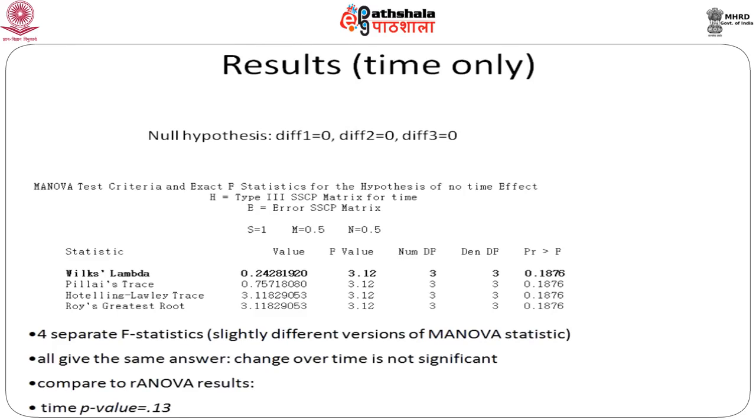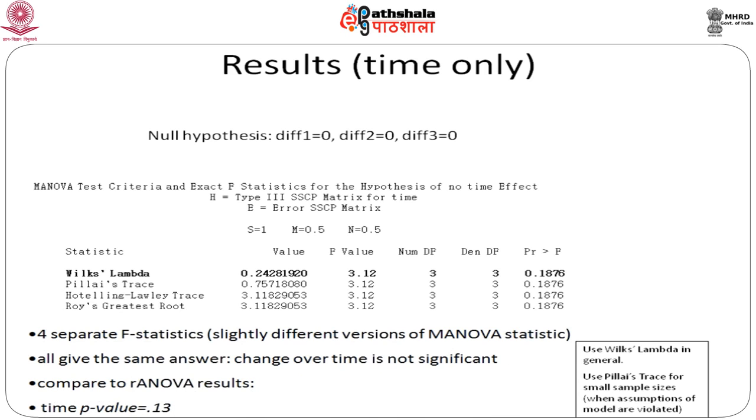But if it is rejected, then one has to go for which time point is really responsible for the rejection. Now, it is automatic if you apply this in SAS. We applied that in SAS software, and we got ultimately the statistics. Different types of testing procedures are there for MANOVA, and incidentally all of them give us the same inference that the hypothesis is accepted. So, over time points there is virtually no difference.